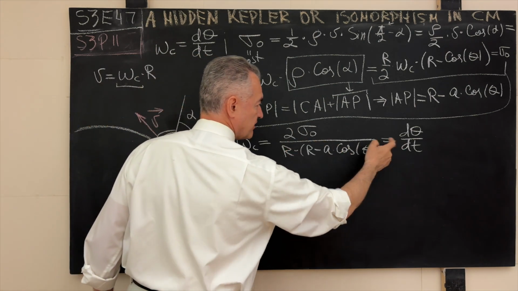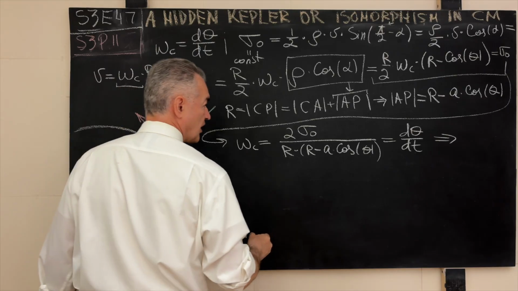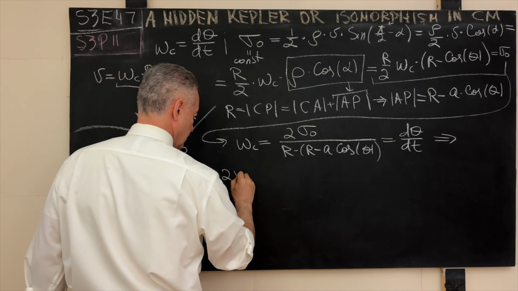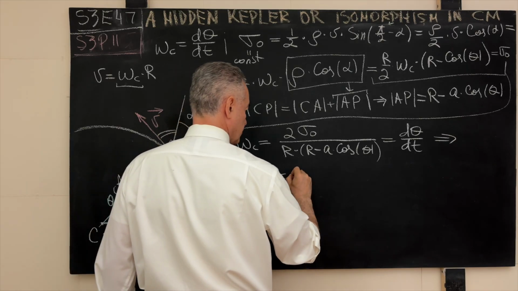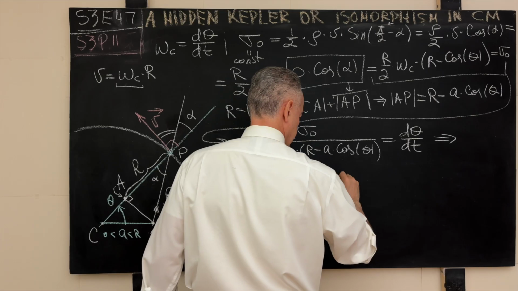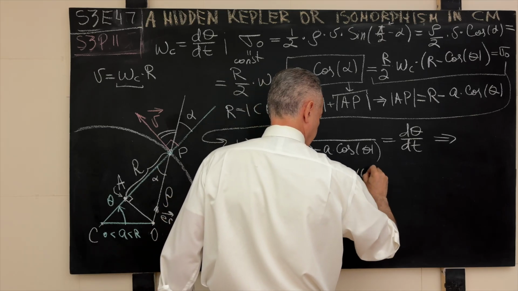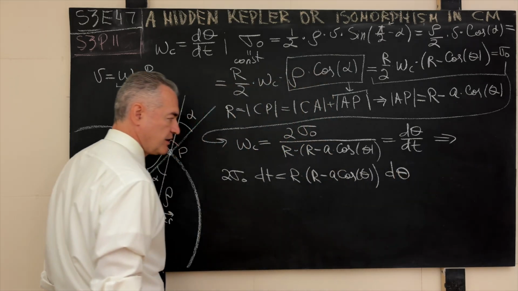We separate the variables and prepare for integration. So here we have, look at this, 2 sigma 0 dt is equal to r times (r minus a cosine of theta) d theta.